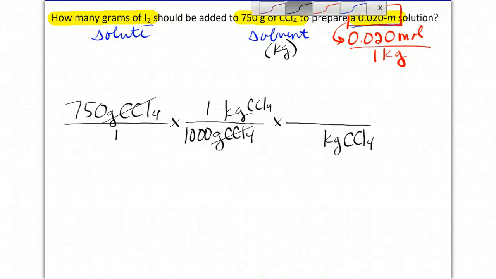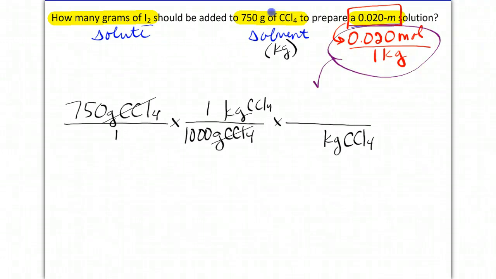Times, draw a line, bring down kilograms, and this is the moment where I'm going to use this conversion factor where 1 kilogram is equal to 0.020 moles. So your goal is to get to kilograms or moles so that you can use the molality in your problem. So now kilograms cancel and I'm left with the moles.